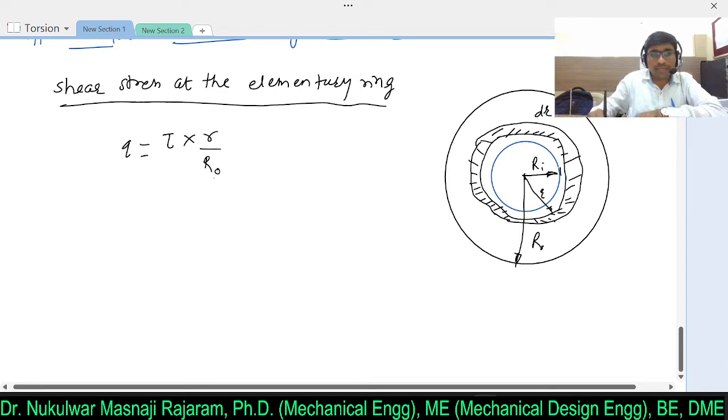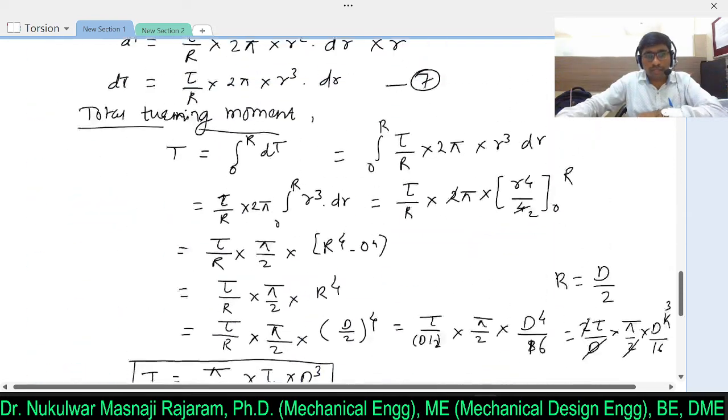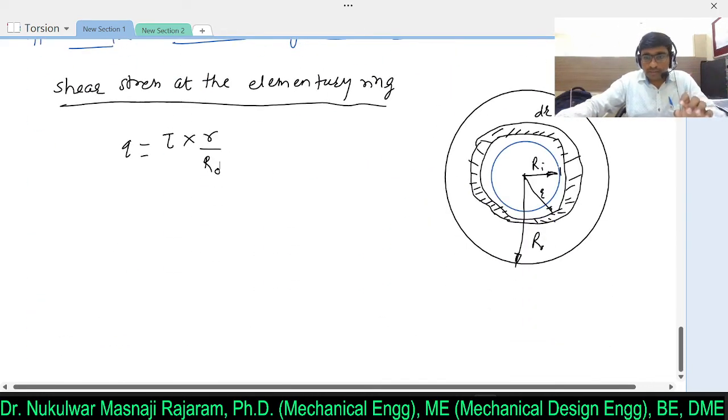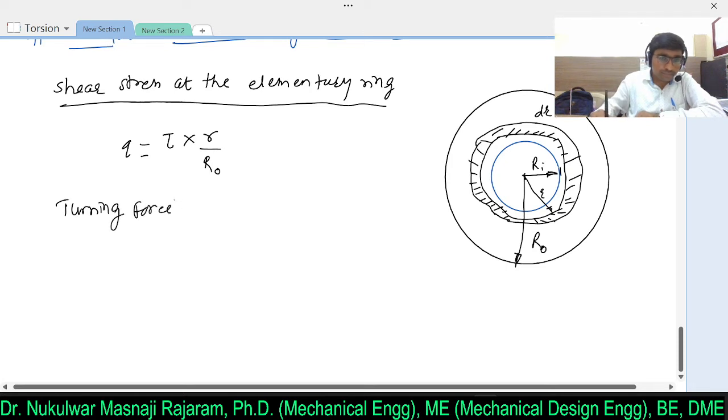Clear? So here I will write Ro, and this is nothing but the maximum radius, outer side radius of the shaft. So in this hollow shaft there is an inner radius ri, and at the outer side the radius is ro. So I must write ro. Next I will write turning force on ring.